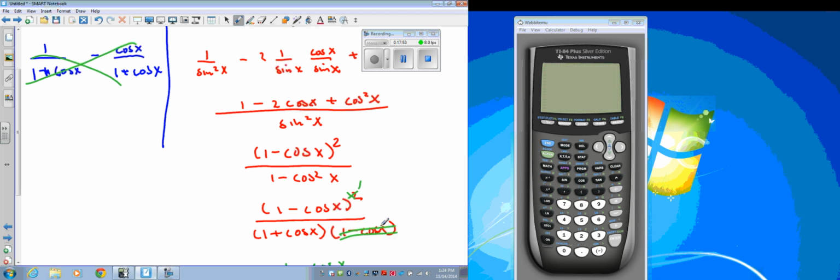Let's try that. Okay, if you struggle with some of these identities, I would say practice with them. That'll frustrate you to death.